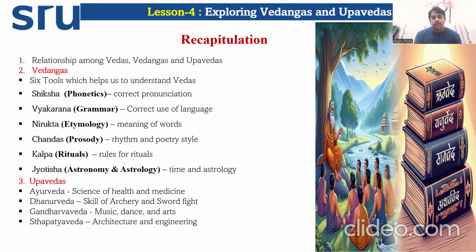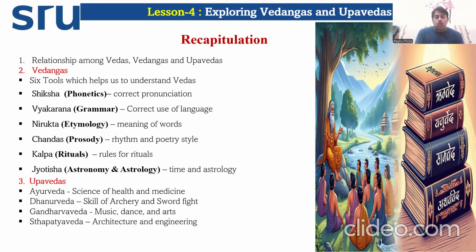So let me make it very clear. Vedas are nothing but the wisdom of knowledge. The wisdom and the knowledge which has been prescribed in the form of 4 books is called Vedas. So in the process of understanding the information in Vedas, we need to rely on Vedangas, which are the 6 tools that help us understand the information in Vedas in a better way.